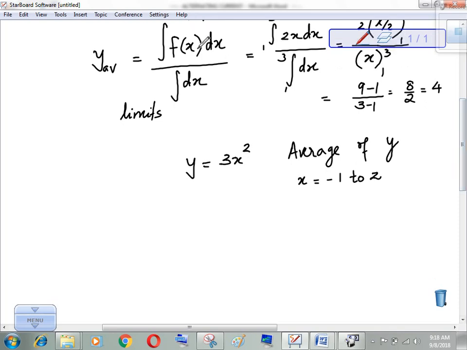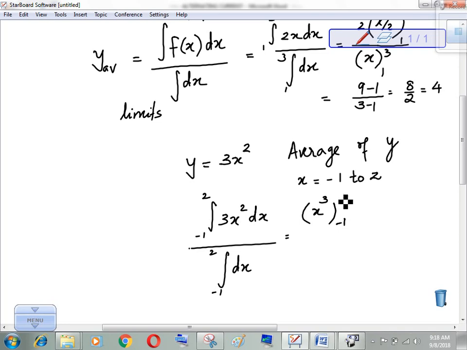So again this will be x cube, minus 1 to 2.